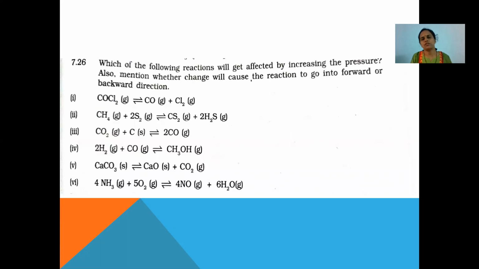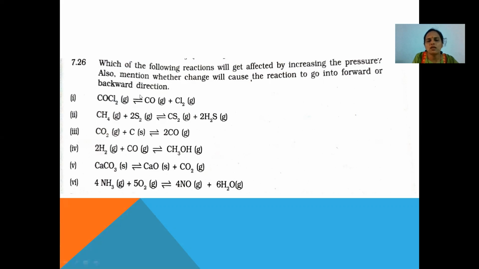Now look at the question and see how to solve it. The question is, which of the following reactions will get affected by increasing the pressure? Mention whether the change will cause the reaction to go in the forward or backward direction. So here you see COCl2 gives CO plus Cl2.